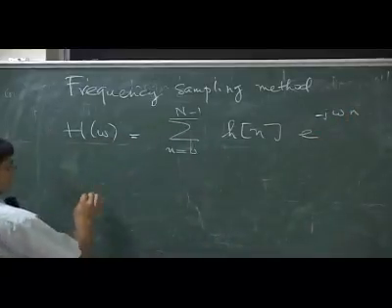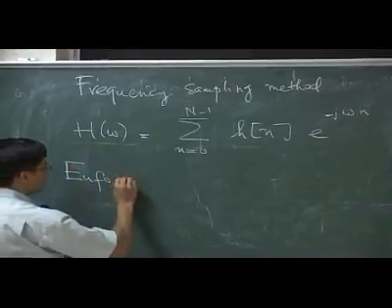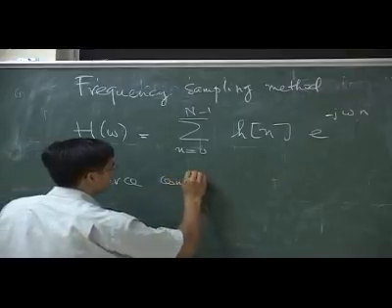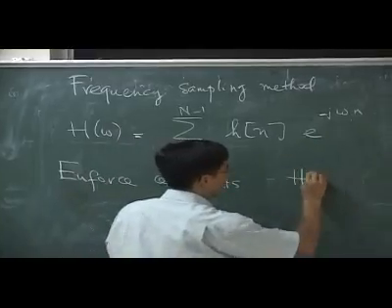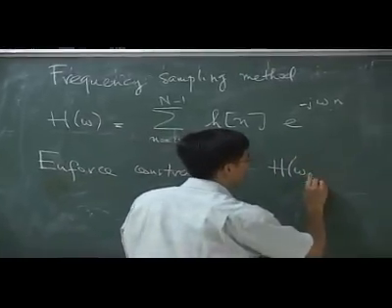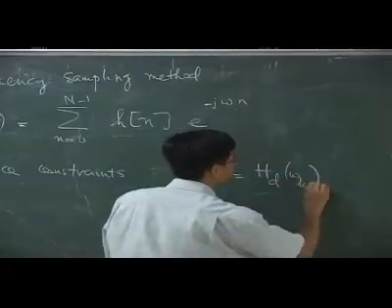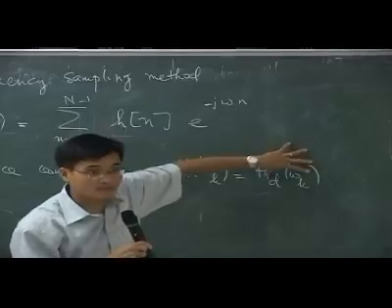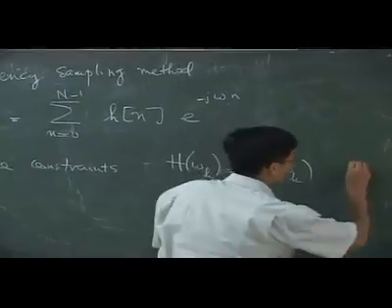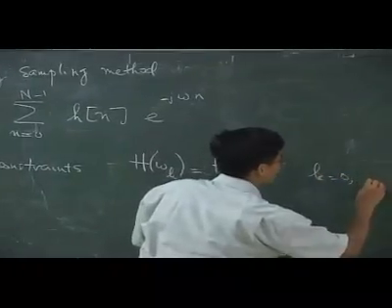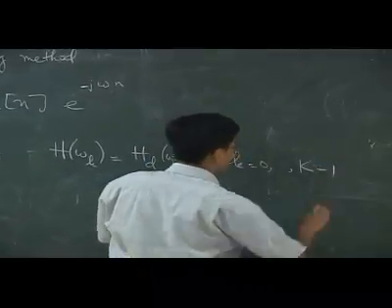So now enforce the constraint that I have H of omega k equal to this H design of omega k. So they are a sequence of numbers, and here I have to enforce, for k going from 0 to, maybe I like to make it more general here, K minus 1.